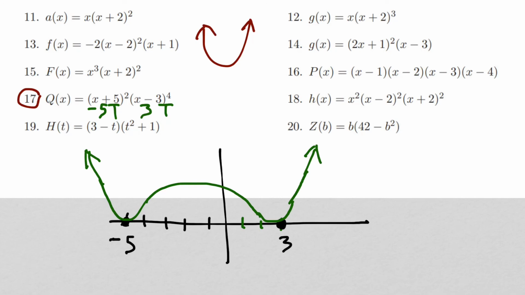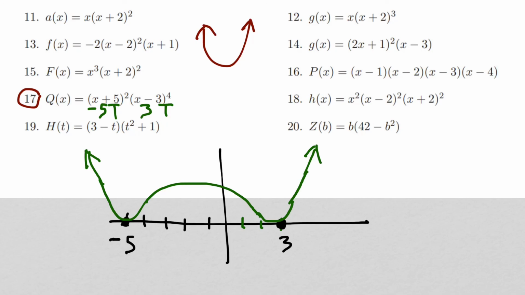But this is a rough sketch. So I use my knowledge of multiplicity and what my degree is and what the sign of my leading coefficient is to get a rough sketch.